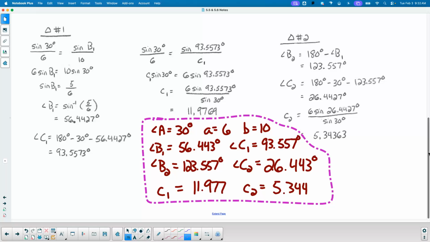Angle B sub 1 is 56.443 degrees. Angle C sub 1 is 93.557 degrees. Side C sub 1 is 11.977. Angle B sub 2 is 123.557 degrees. Angle C sub 2 is 26.443 degrees. And side C sub 2 is 5.344. Questions, comments, concerns, clarifications?